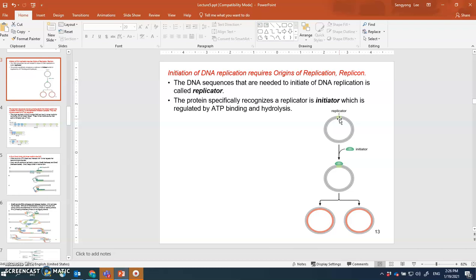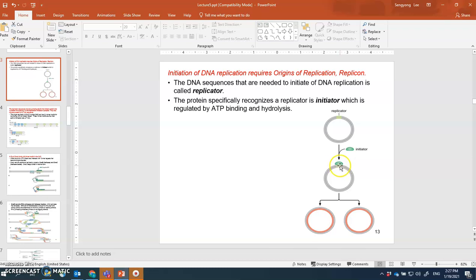They have a unique DNA sequence, normally recognized by a special protein called replicator. They may have different names, but let's just call them replicator. When the replicator comes in and binds, that's the beginning of the replication process. The protein that recognizes the replicator is called initiator. So the initiator protein recognizes the replicator, I'm sorry.